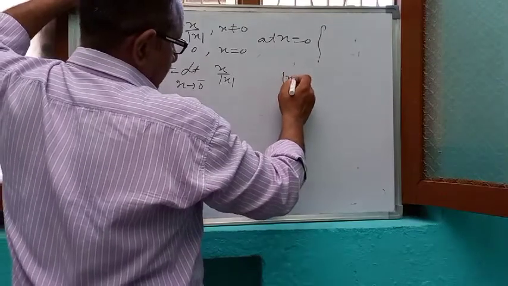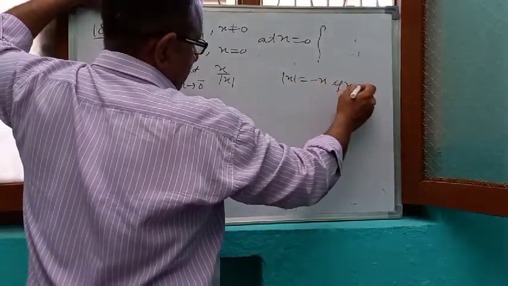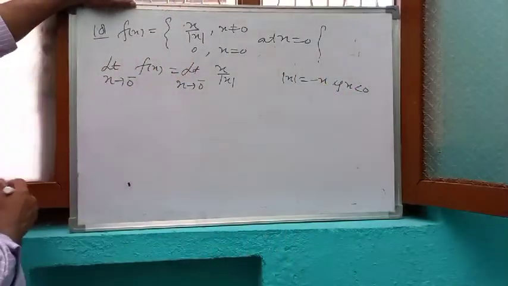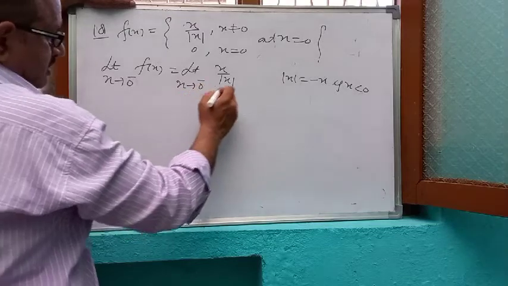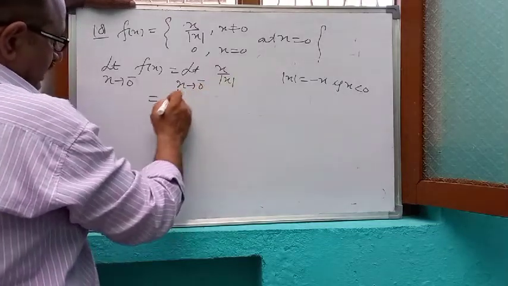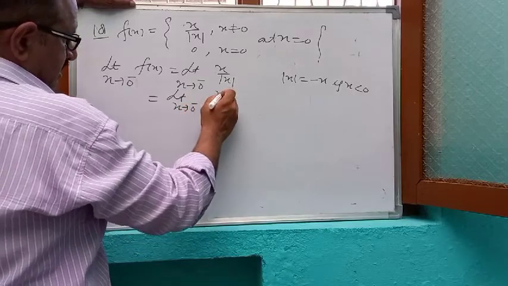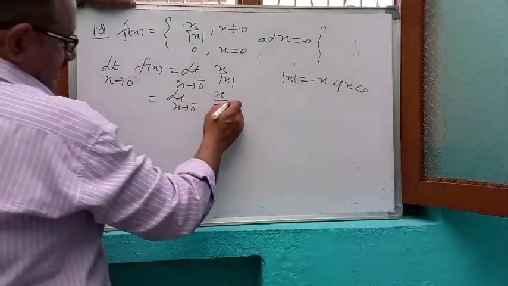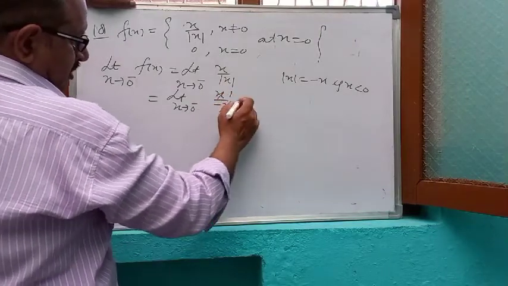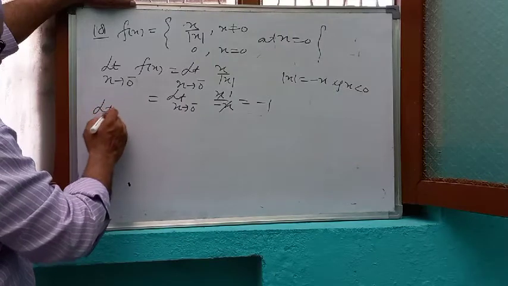So |x| is equal to -x if x is less than 0. So we can write limit x tends to 0 minus x upon -x. So x cancels. So what will be the limit? Minus 1.